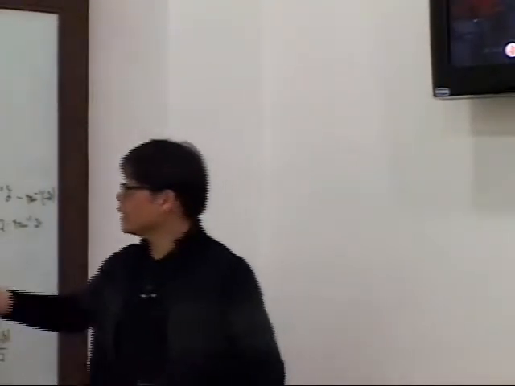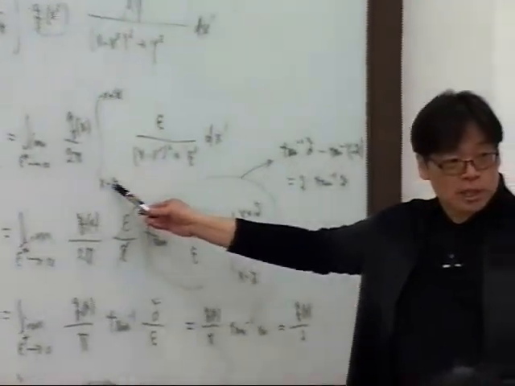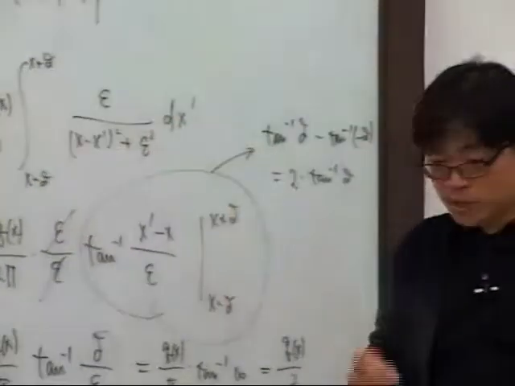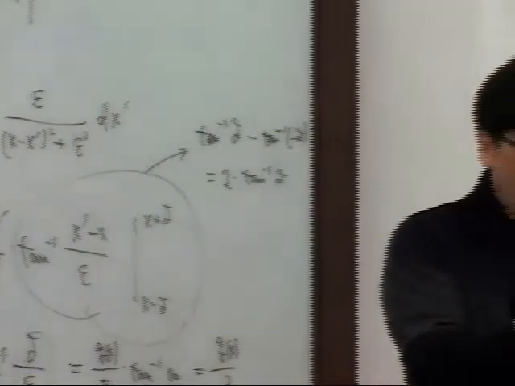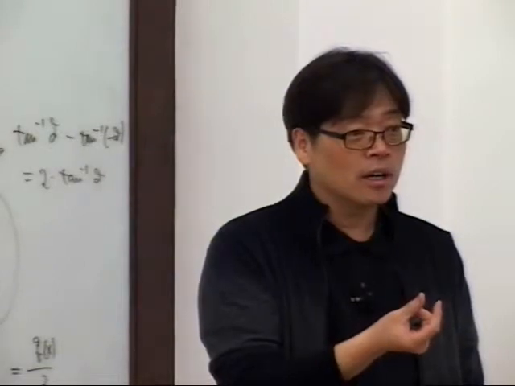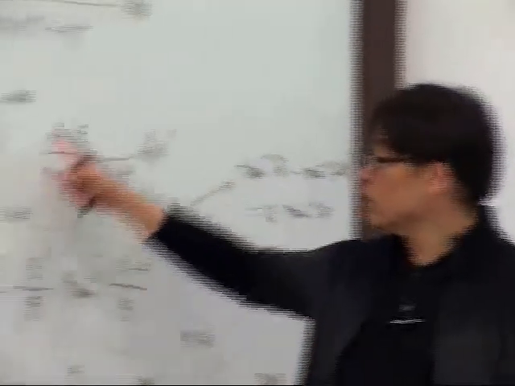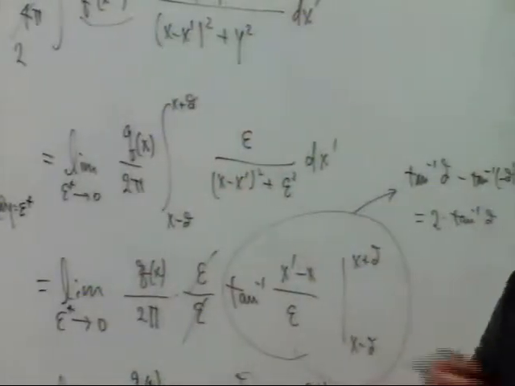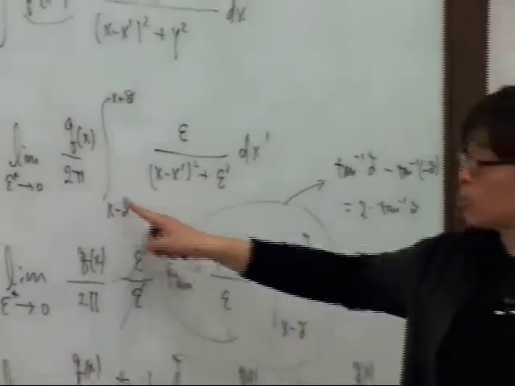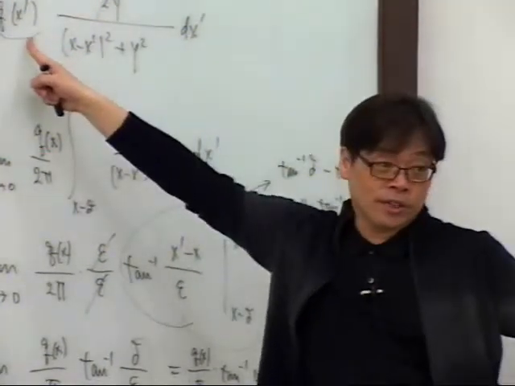Yeah, but I don't have to take 0. I said I can make delta as small as I wish, but I'm saying in the neighborhood of x, I will have a non-zero contribution. So I can take any limit I want, but I want a small delta because I want to pull this guy out from the integration.